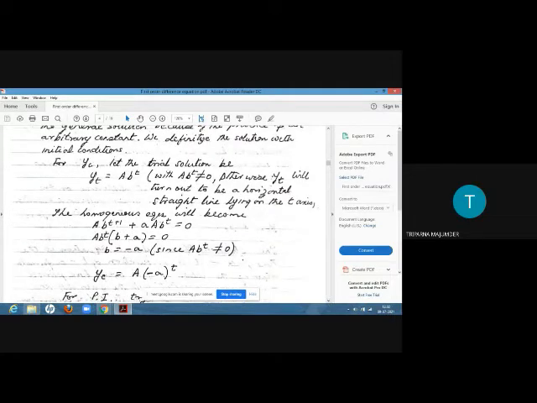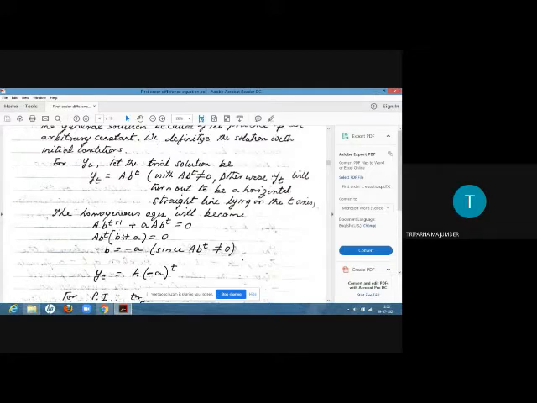The homogeneous equation will become a b to the power t plus 1 plus a b to the power t is equal to 0. We take a b to the power t common, and we have in the brackets b plus a is equal to 0. We have assumed that a b to the power t is not equal to 0.